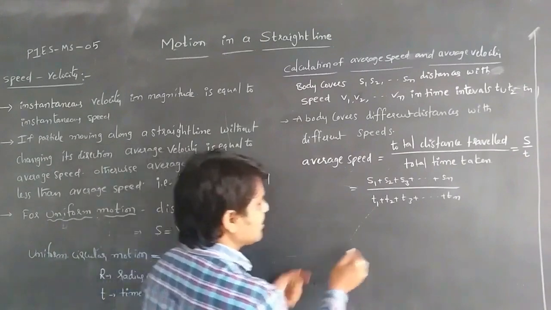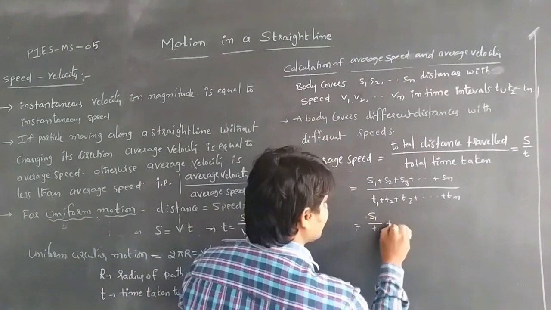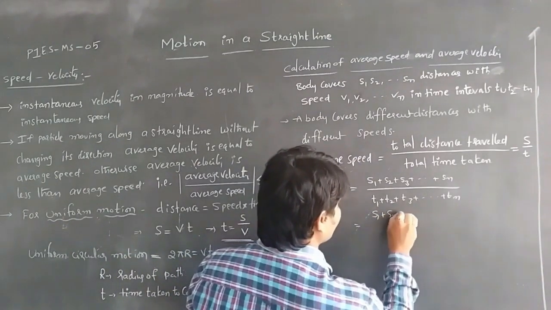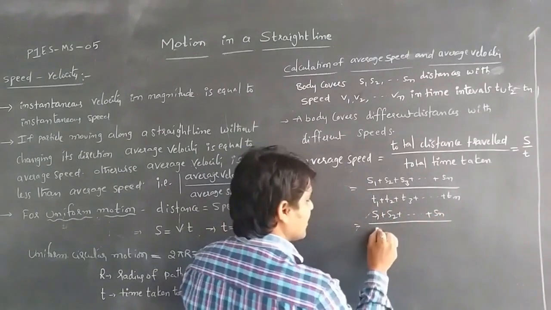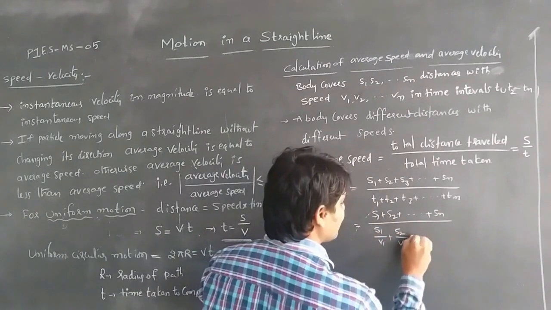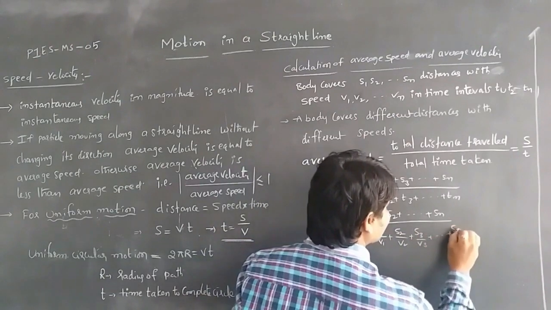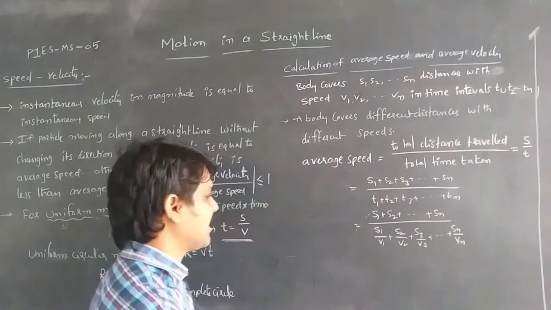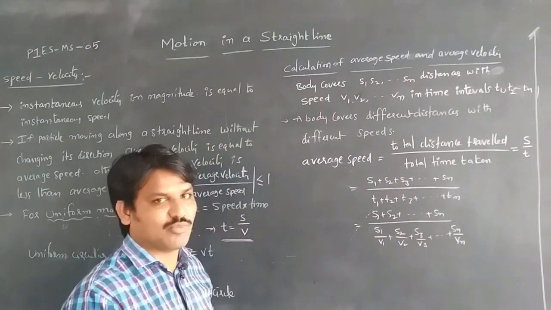In this relation, the average speed is (s1 + s2 + up to sn) divided by (s1/v1 + s2/v2 + s3/v3 + up to sn/vn).